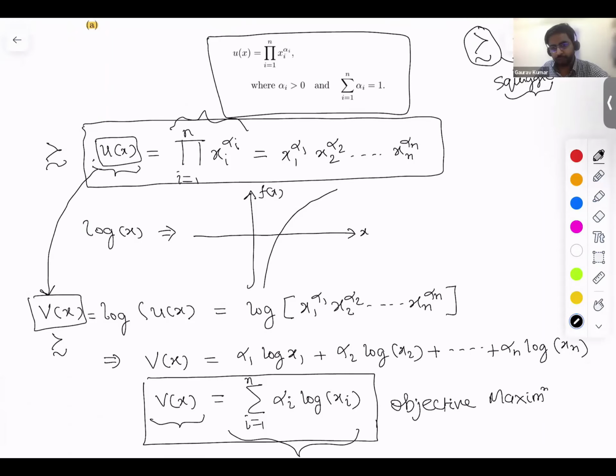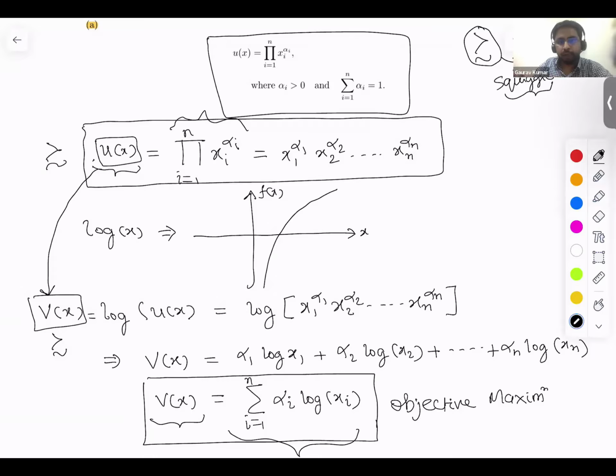Okay, I have a question. We choose the two arbitrary bundles so that we can find out. Yeah, the reason we are choosing two, so see, the language you have used is not technically correct. It's not arbitrary bundles. There is just one bundle, x1 to xn. That's your commodity bundle.